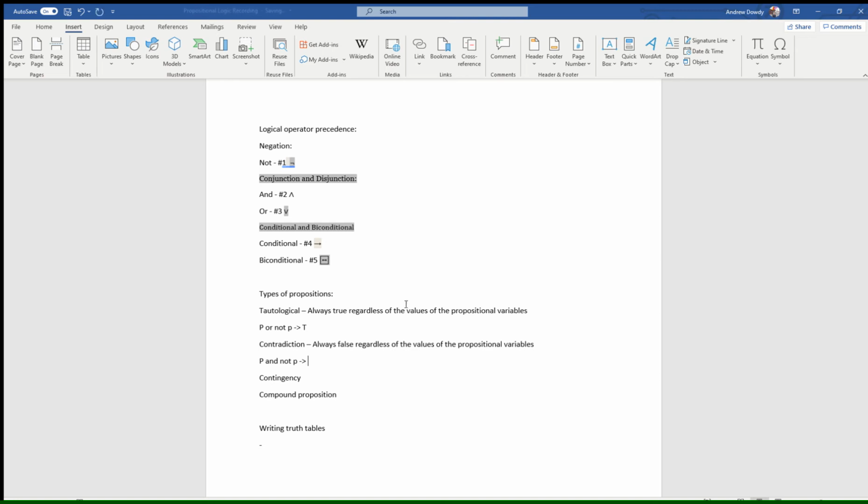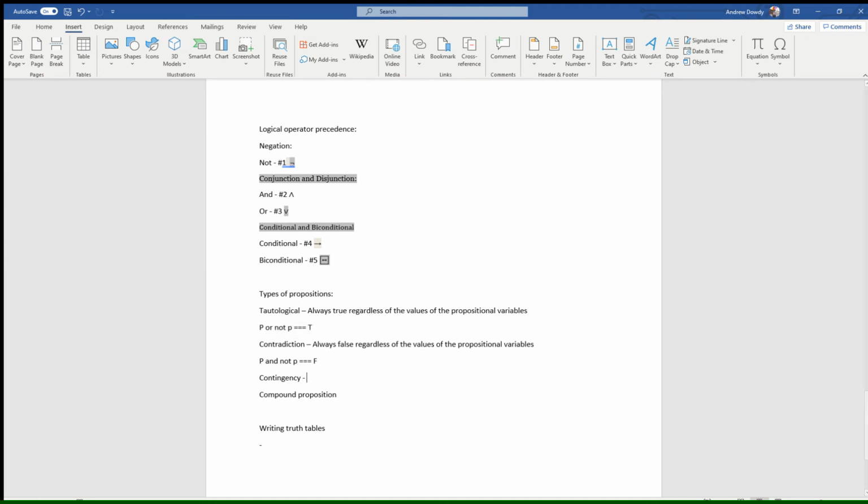Now, we'll discuss some other variations on this later, but for now it's just important to know that if a proposition is logically equivalent to true or logically equivalent to false, that would make it a tautology or a contradiction.